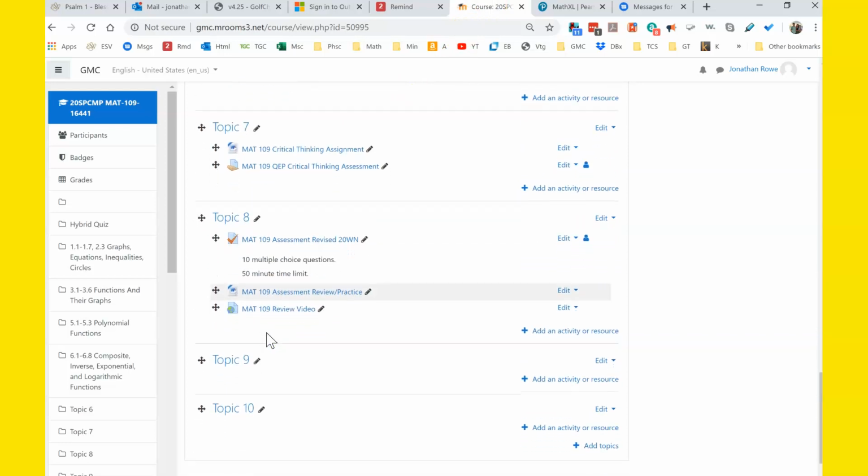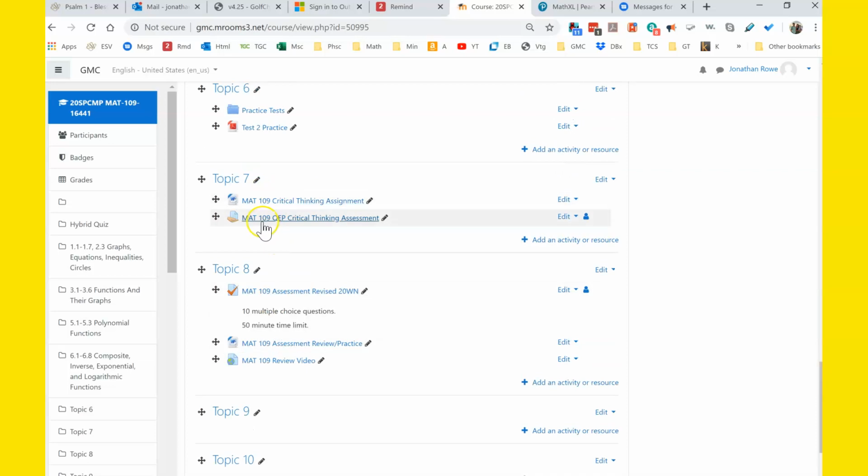If you will look at topic 7, you click on this icon and you'll be able to see where you can turn that in.